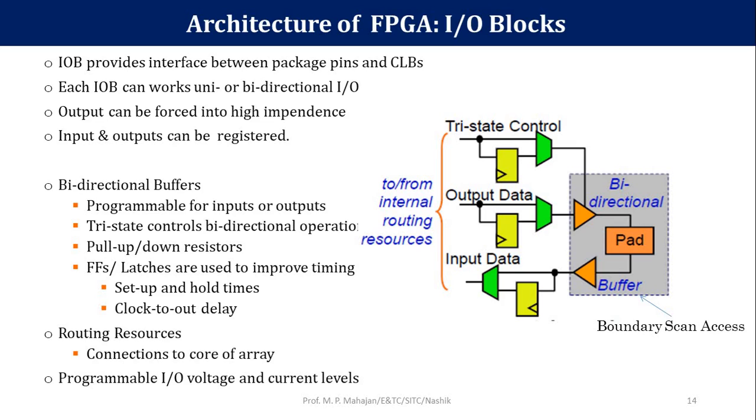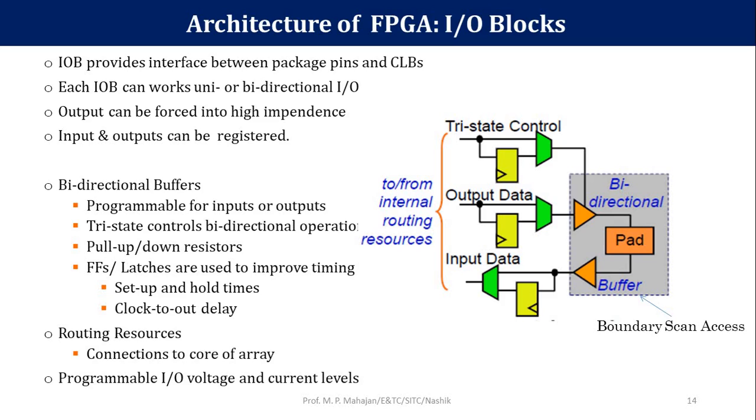At the right hand side you can see the diagram. Here it consists of tri-state control, output data, input data. And on the right hand side you can see a bidirectional buffer where the pad is provided, input and output. Input operation has a separate buffer, output operation again a separate buffer. Signals come from internal routing resources. The bidirectional buffer is programmable for input and output, meaning we can use the pad for input as well as output.